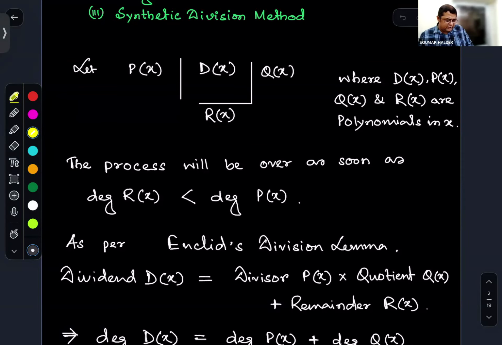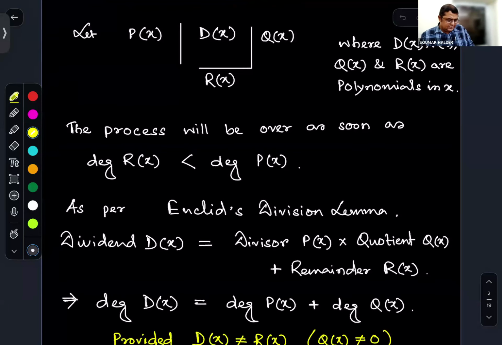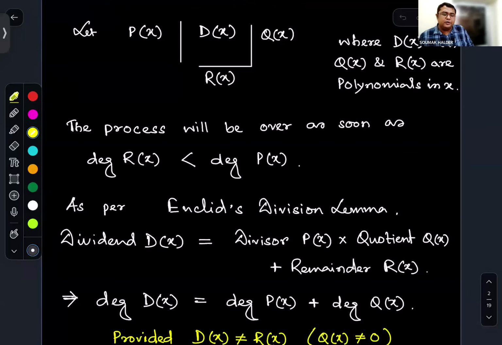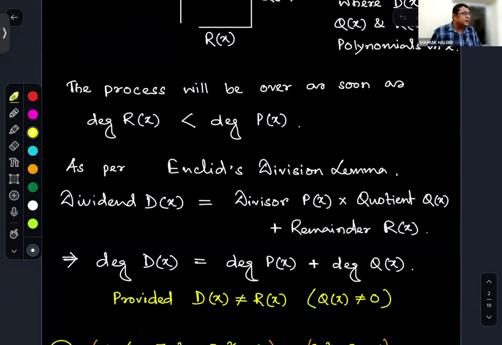As per the Euler division lemma, we can write the dividend polynomial same as the product of divisor polynomial and quotient polynomial added to the remainder polynomial. Even the degree of the dividend can be marked equal with the addition of the degrees for divisor and quotient.